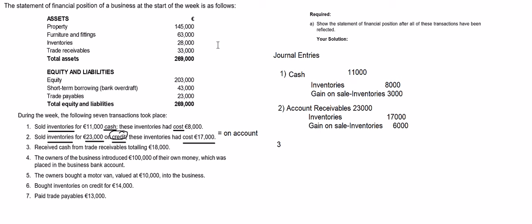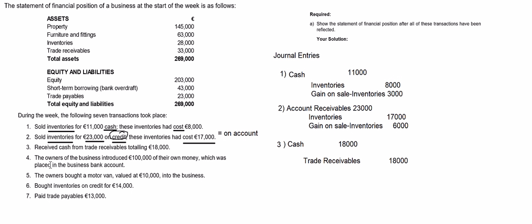So we got cash, that means we have cash in here, and we put about 18,000. And now we need to reduce trade receivables. That should be about 18,000.